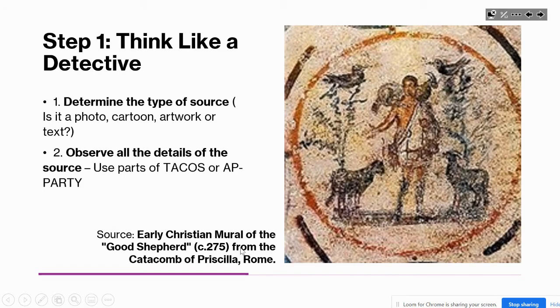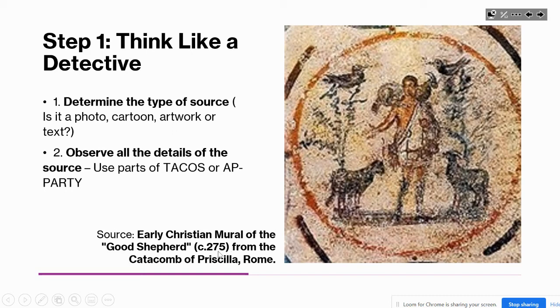This is called the caption. So the caption states all of the information here. Now it also states time. So in this case, we know that this is pretty old. As you can see, it's kind of broken down and some of the color is missing. So we know that it's a pretty old piece of art, pretty old artifact.